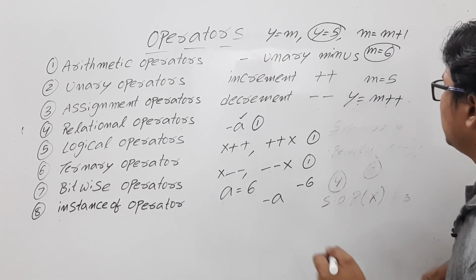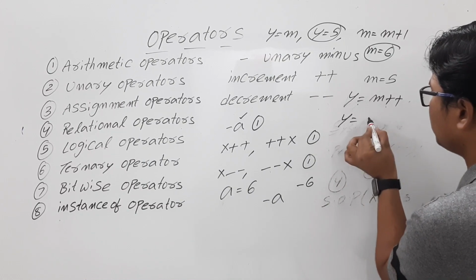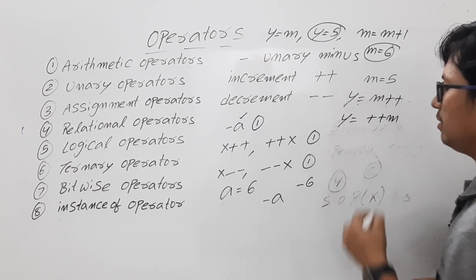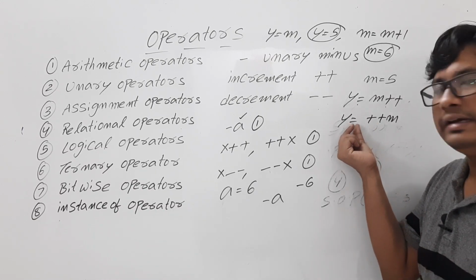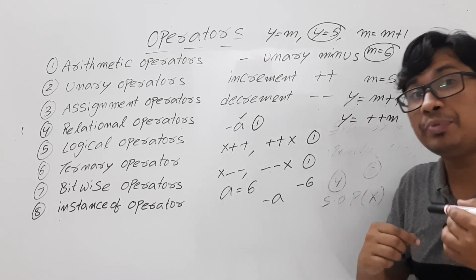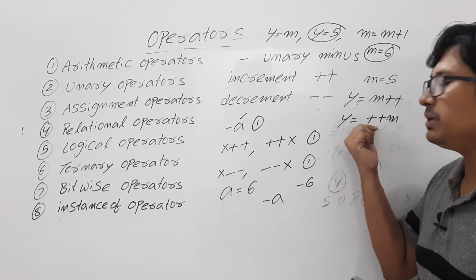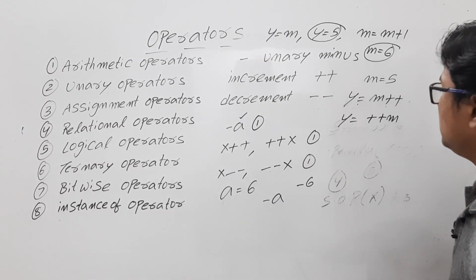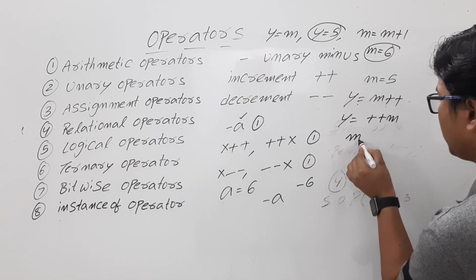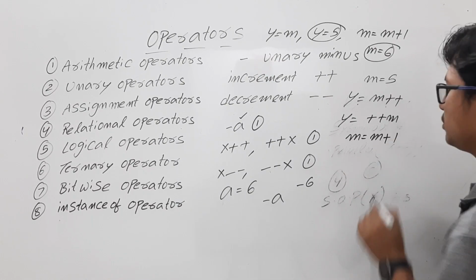Similarly, if I take the same example with the pre-increment, then first it will increment. You have the assignment and increment. As it is a pre-increment, the priority will be given first for the increment, then assignment. So in this case, first you will perform m is equal to m plus 1.